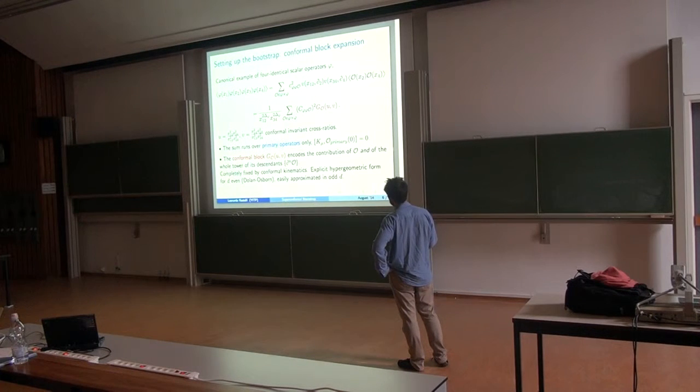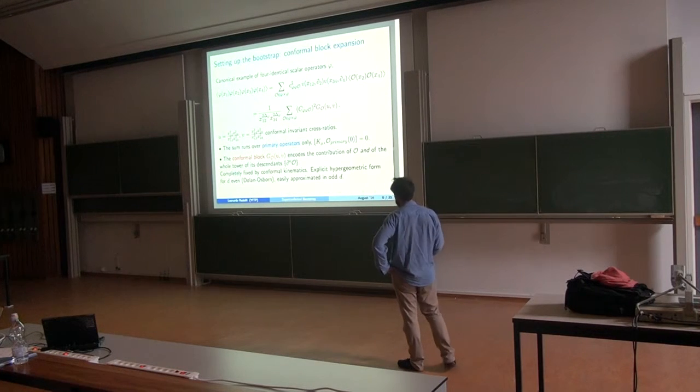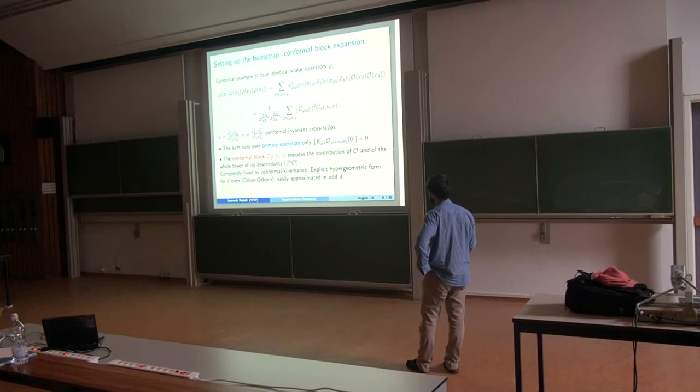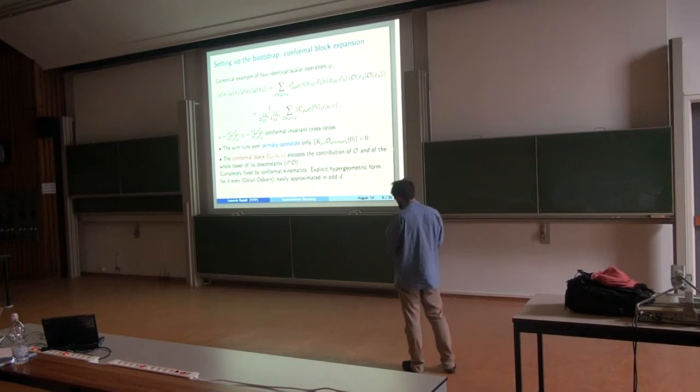It encodes the contribution of the infinite tower of descendants of the primary operator O to the double OPE. And the good news is that this function is completely fixed kinematically, at least in principle. If you want to get explicit expressions, you have to work a little harder.